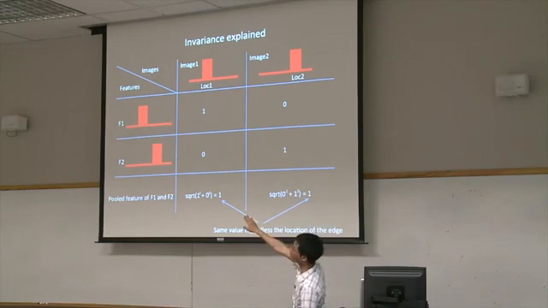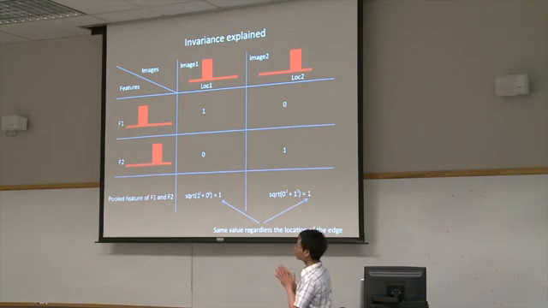If I have F1, I can tell that there's an edge at location 1, but I can't tell whether there's an edge at location 2. Vice versa, if I want to detect an edge at location 2, I invent a feature that recognizes an edge at location 2, but then it fails to recognize whether there's an edge at location 1 or not.